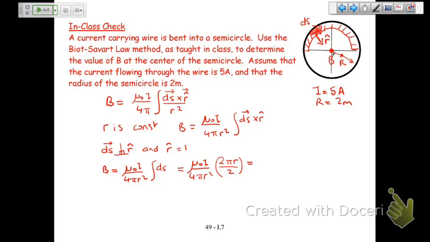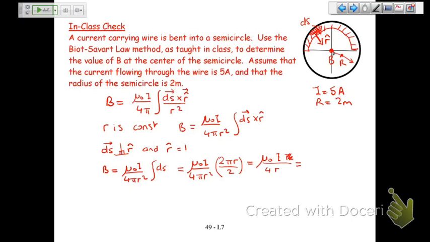So this equals mu naught I pi over 4r. That pi goes away, 4r, yeah, okay.